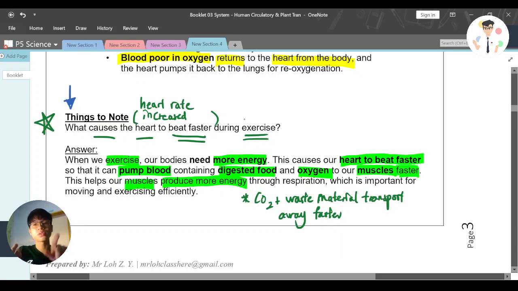And of course, it goes the same way, just backwards when it decreases. It decreases means our body needs less energy. That's why it causes our heartbeat to be slower. It will pump blood with digested food and oxygen a bit slower because it needs less energy. So it's basically the same thing, just in a different way.